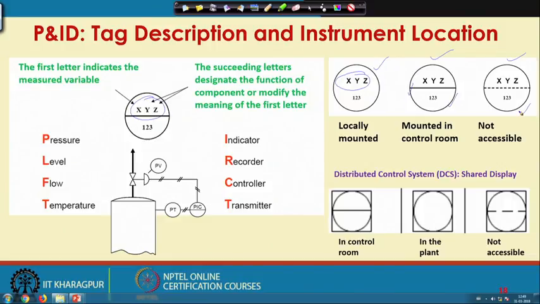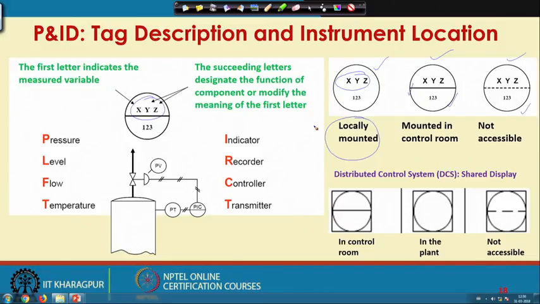So, when there is no horizontal line like a diameter, this means this instrument is locally mounted.